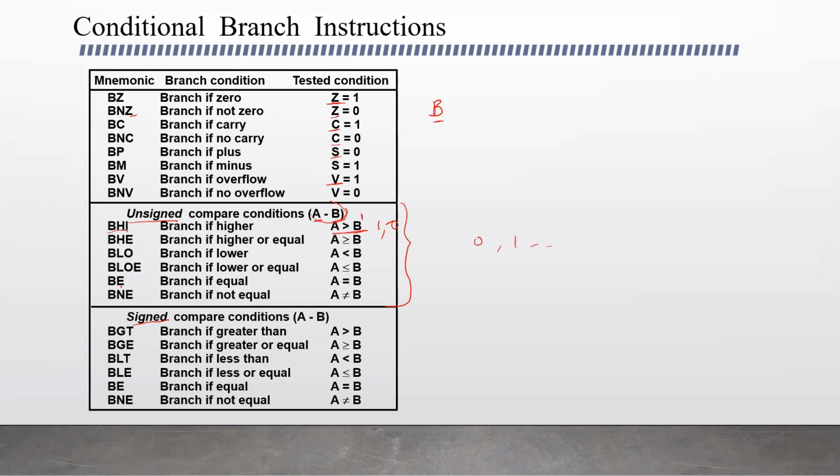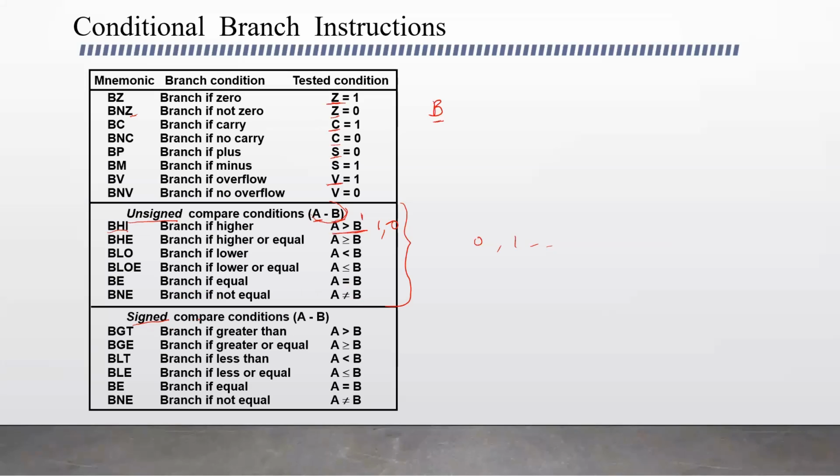And BE is the mnemonic used to branch if A is equal to B. And BNE is branch if not equal, if A is not equal to B.